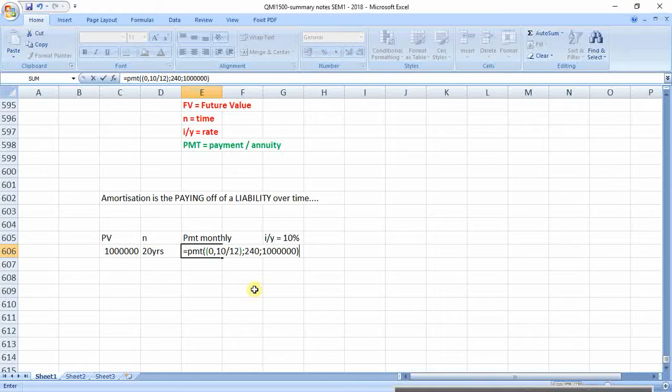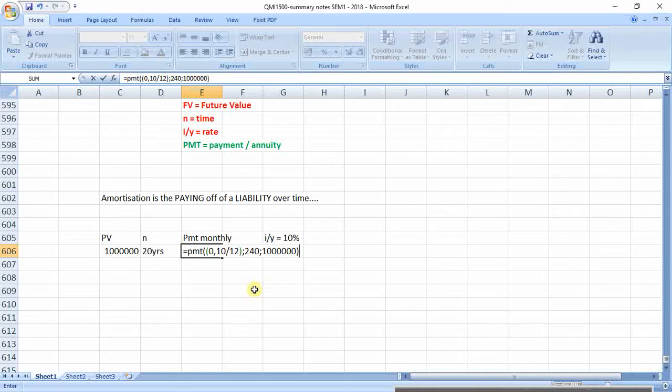Okay, so the present value is... Because it's 1 million.